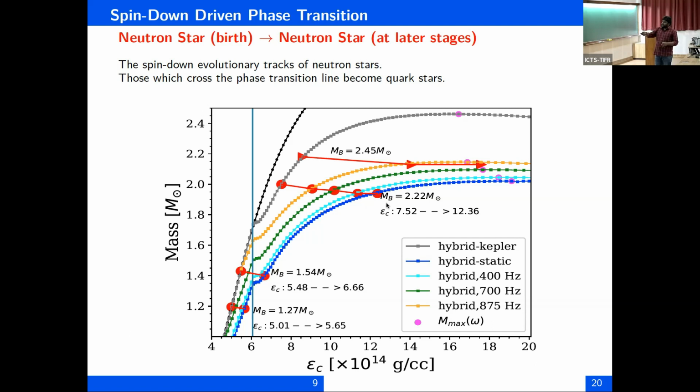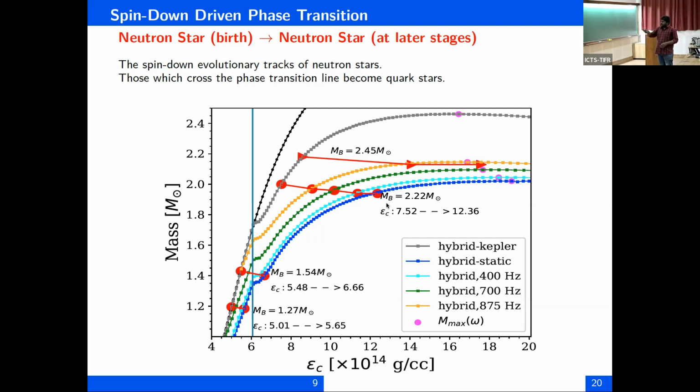So there are some neutron stars which remain neutron stars, some which become quark stars, and some which are born as neutron quark stars, and their quark core grows because the density is increasing. Some are born as quark stars, but when they slow down they don't find any stable counterpart, because they are so massive that the centrifugal force is not there to balance the mass, and they become black holes.